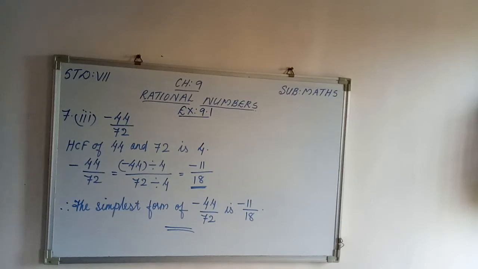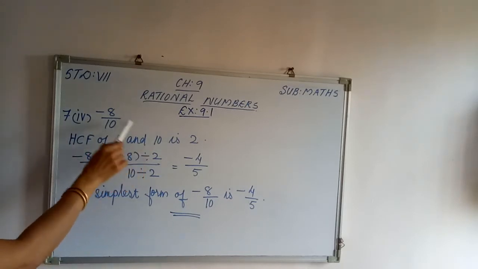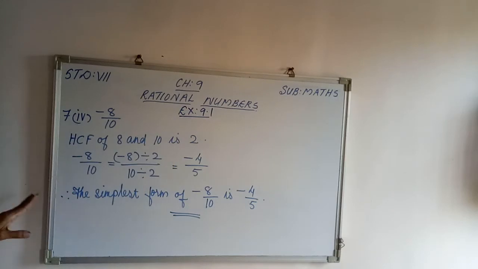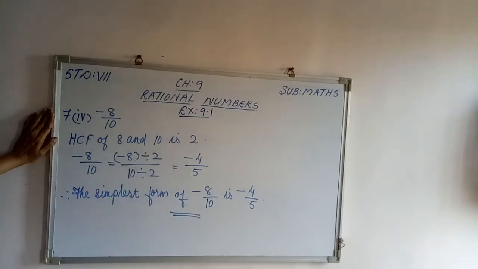Now the last question in this, minus 8 upon 10. HCF of 8 and 10 is 2. So divide minus 8 and 10 by 2. So we get minus 4 upon 5. Therefore, the simplest form of minus 8 upon 10 is minus 4 upon 5. Is that clear?